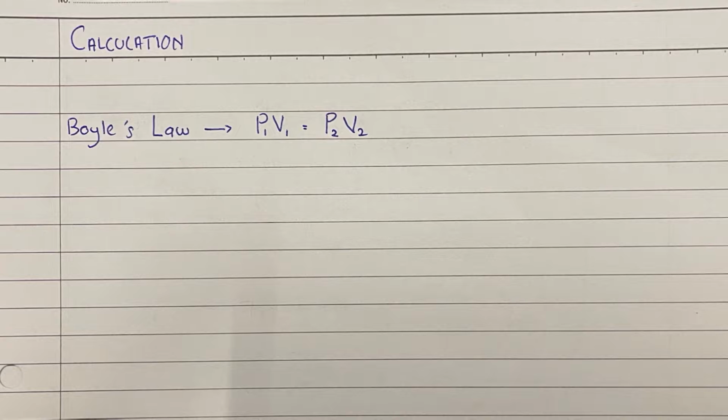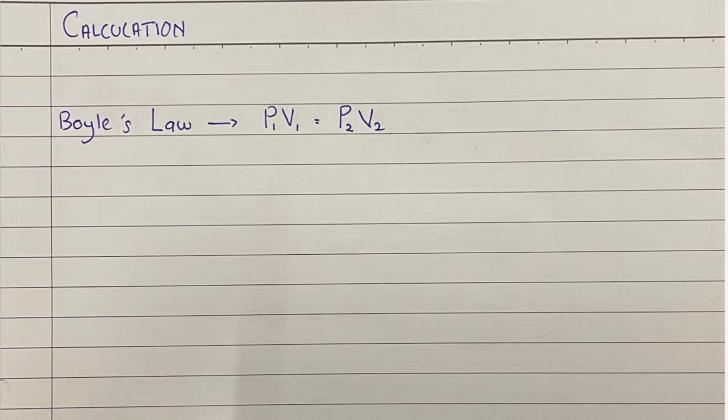So the pressure that we use is equal to 1 atmosphere, which is 101,325 pascals. For the final volume, the volume of air in the cup will increase because when the cup is upside down, a little bit of water will leak out from the cup, and that will make more air go inside the cup.